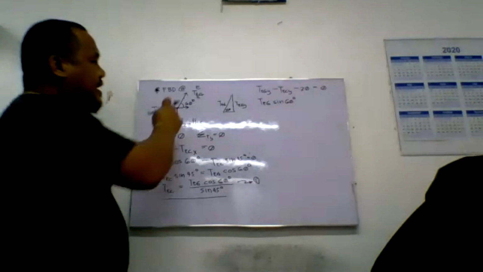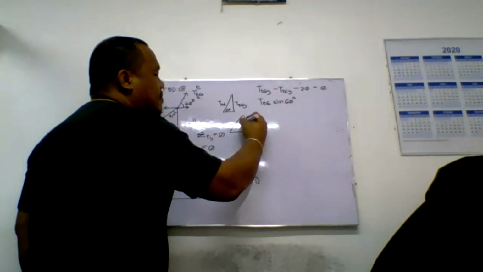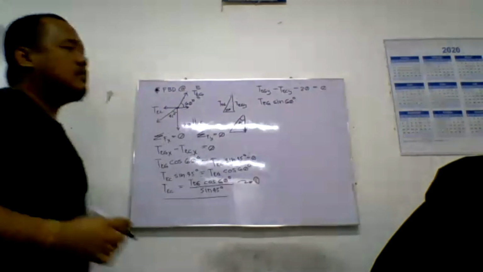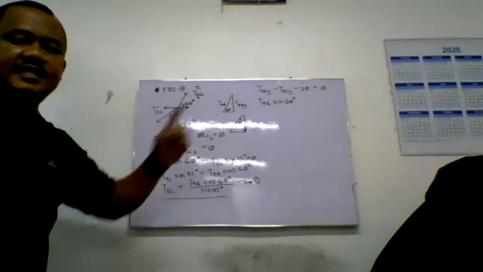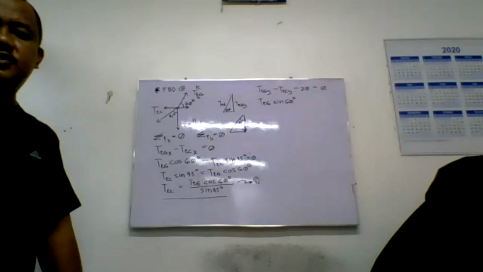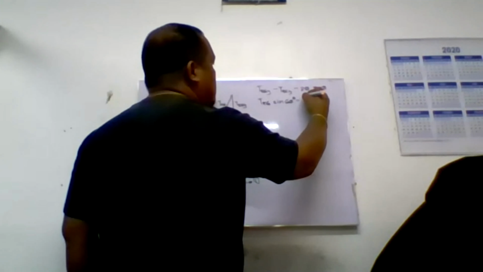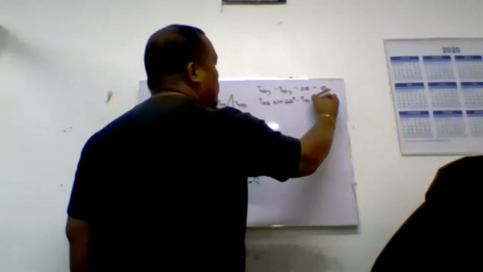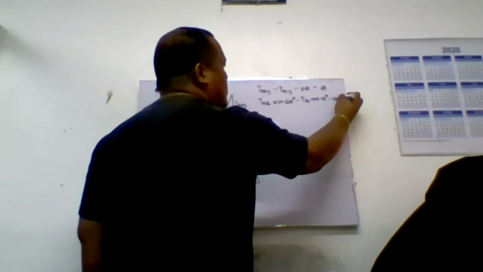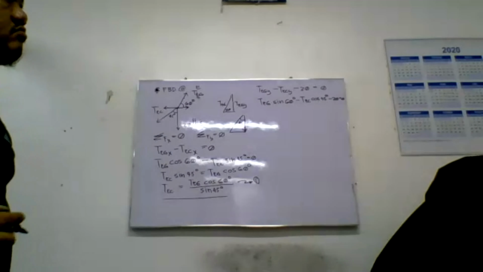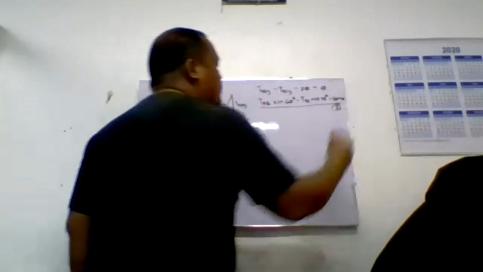T_EC y is adjacent to 45 degrees, so we use cosine. So T_EG sine 60 degrees minus T_EC cosine of 45 degrees minus 20 is equal to 0. Let this be our equation number 2.